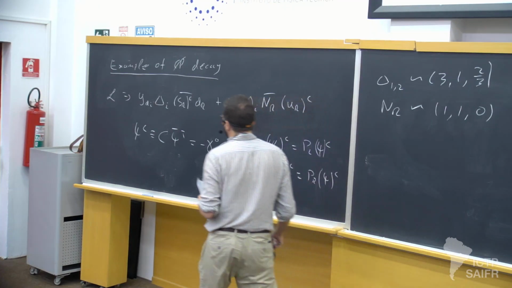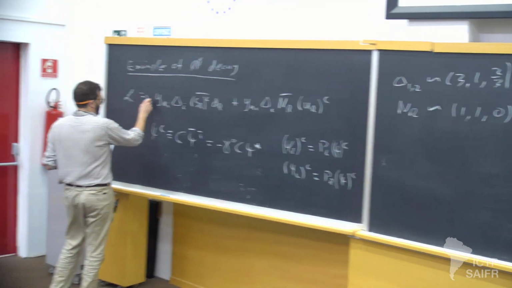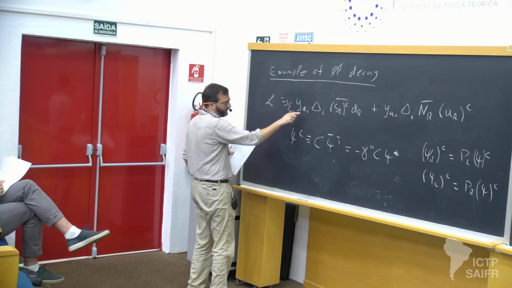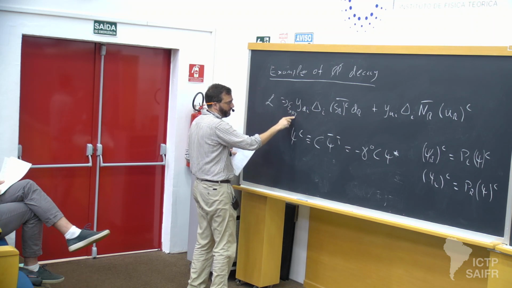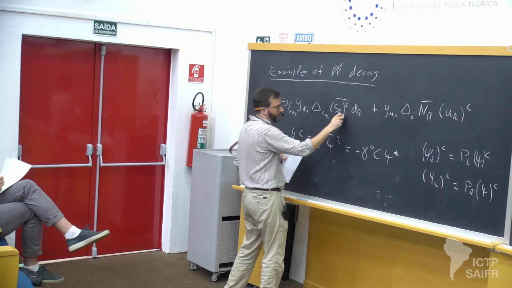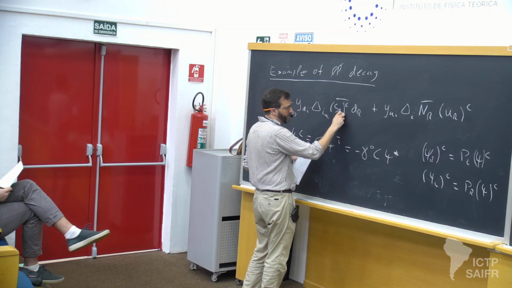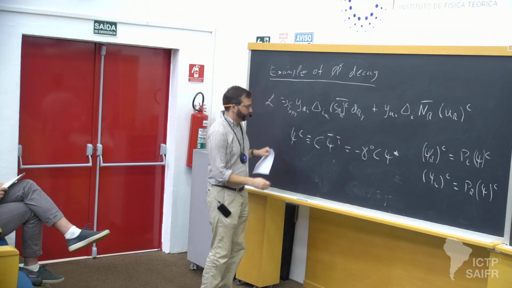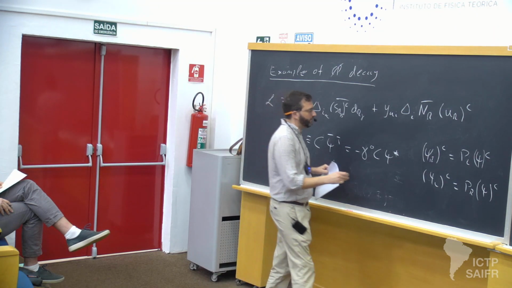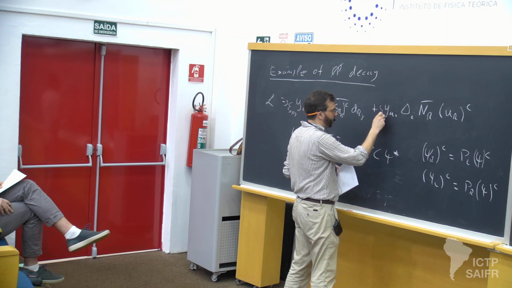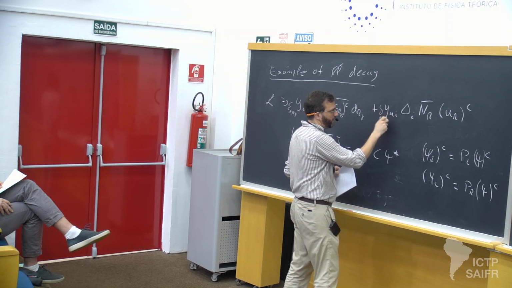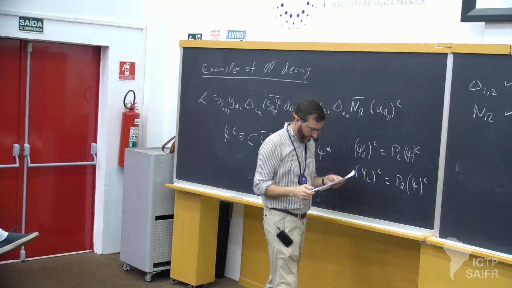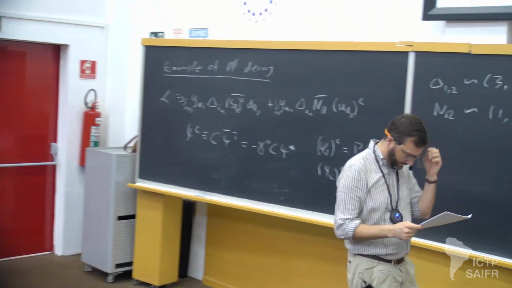For example, in principle there's a color index alpha, contracted like this with epsilon alpha beta gamma, and here we just have some delta alpha beta for the color indices.